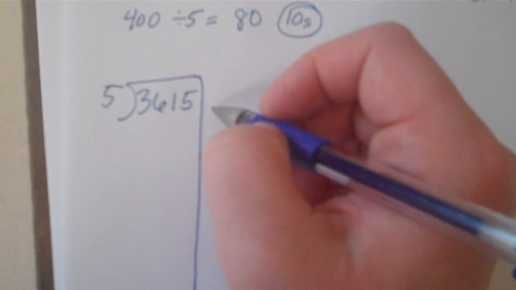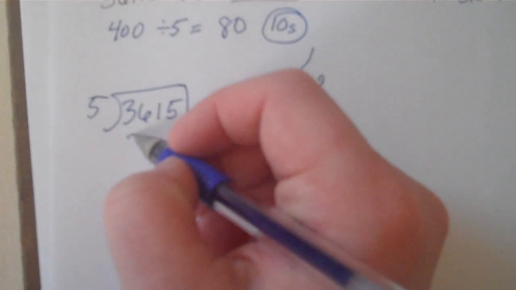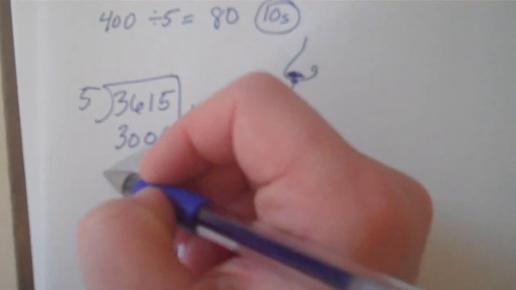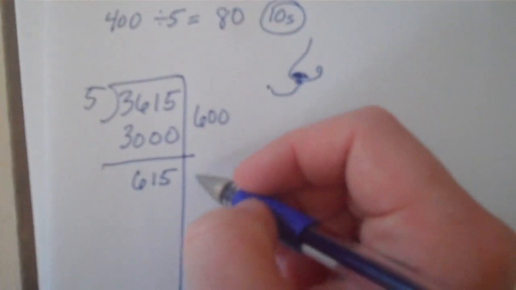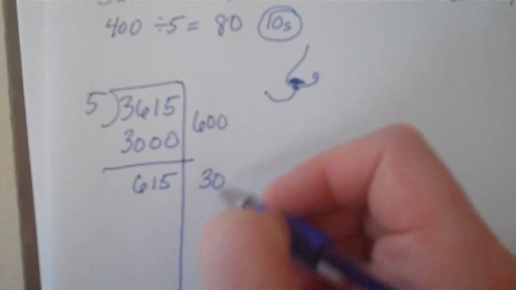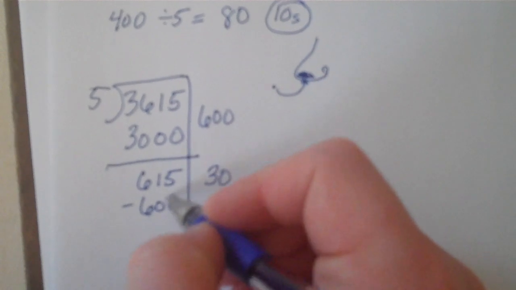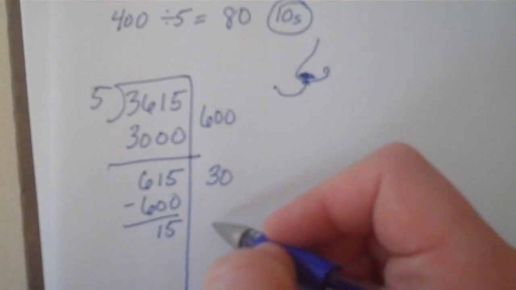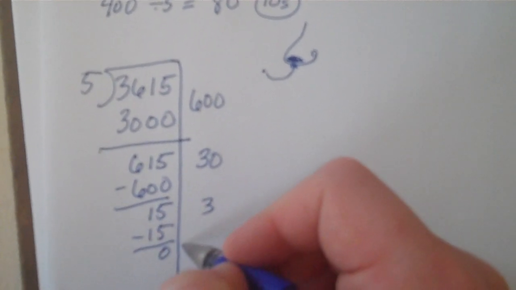I can see that there are at least 600 fives in there. That would be 3,000, leaving me with 615. There are at least 30 more fives, which would be 600, leaving me with 3 more fives to make 15.